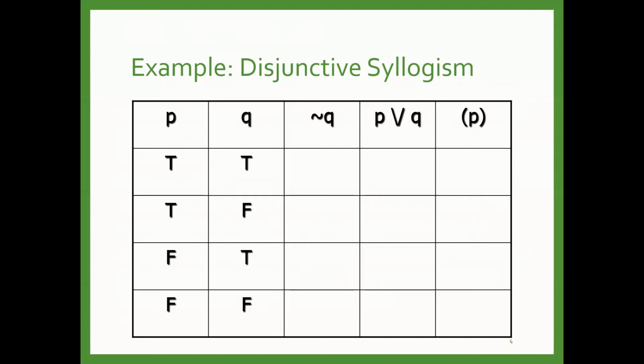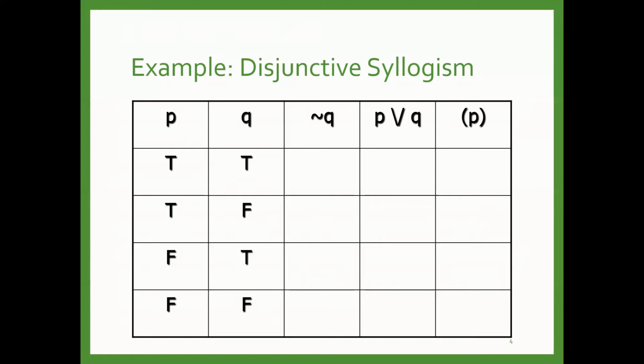And on the second column, we have true, false, true, false as we go down with the Q. That way we have all possible scenarios: both true at the top, both false at the bottom, P true and Q false, and P false and Q true for the second and third rows.